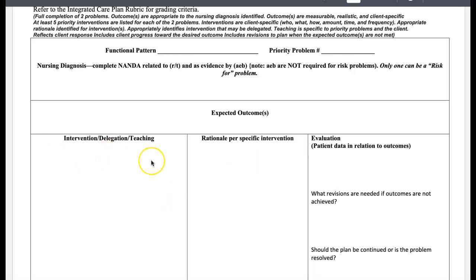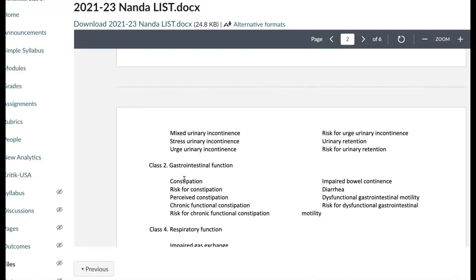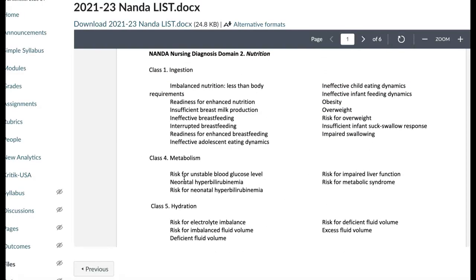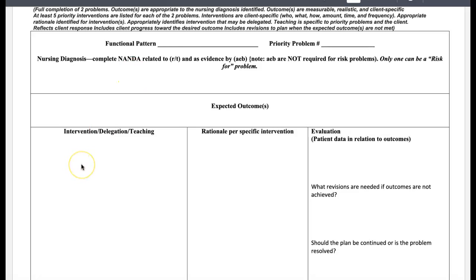Now, intervention, delegation, teaching. Let's go back to that problem where I had the imbalanced nutrition, less than body requirements. Interventions would potentially be getting a dietary consult to try and get them to have foods that they like better.